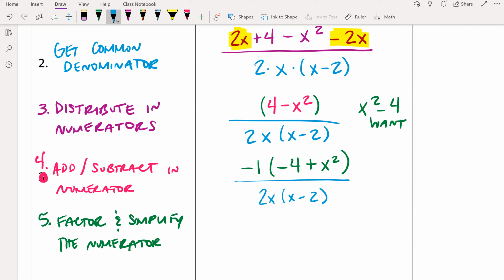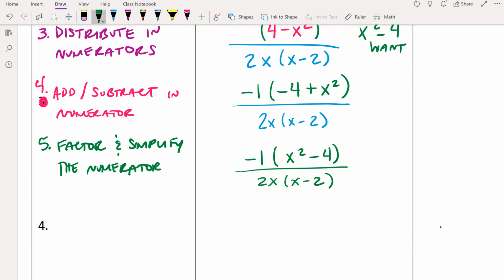Okay, well, this doesn't quite look like what we want yet, right? But can't we just flip these two? Because it's addition and subtraction. So we're going to actually do negative 1 parentheses x squared minus 4. I'm just flipping the negative 4 and the x squared over 2x, x minus 2.